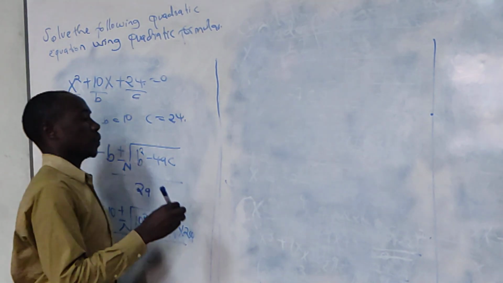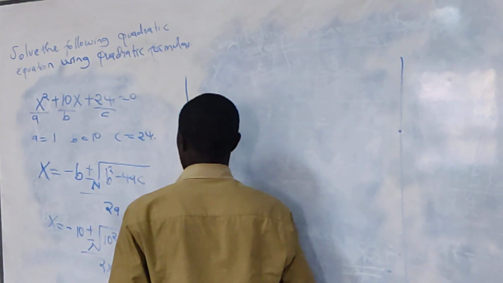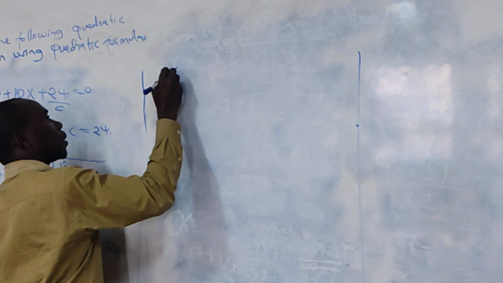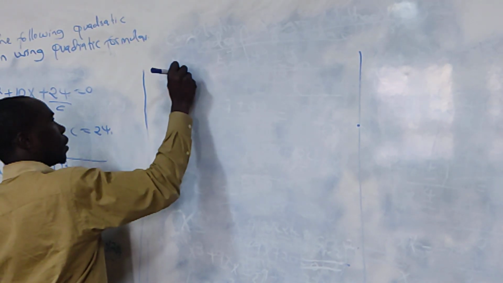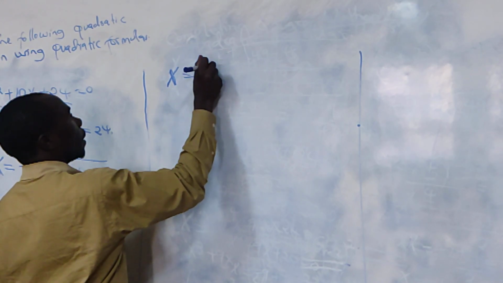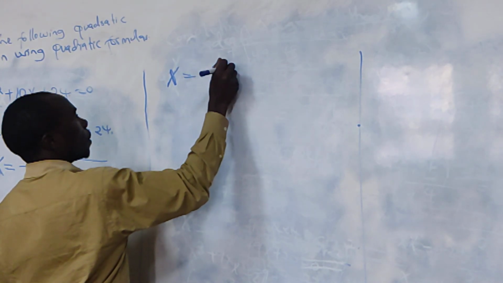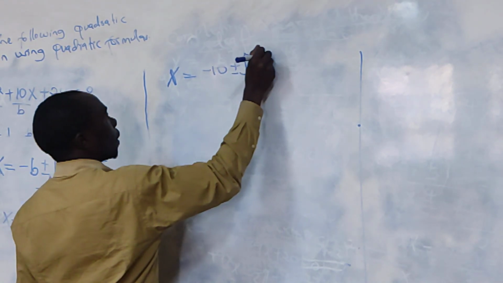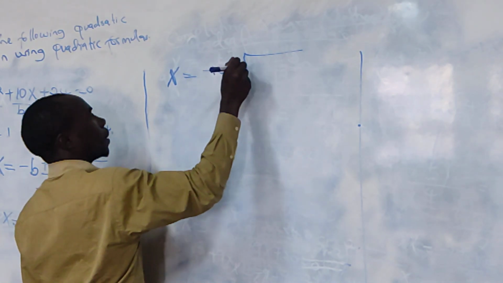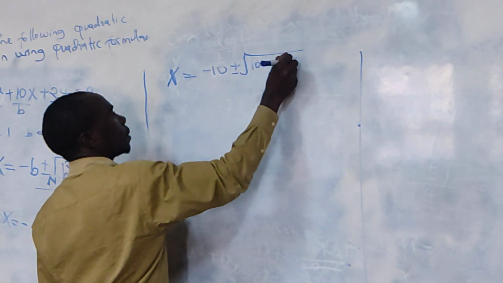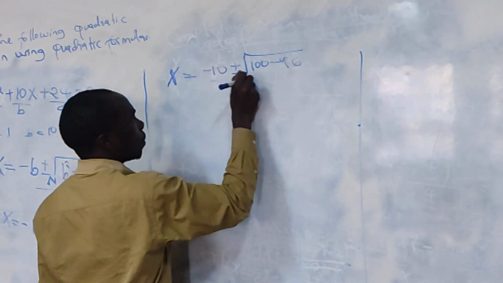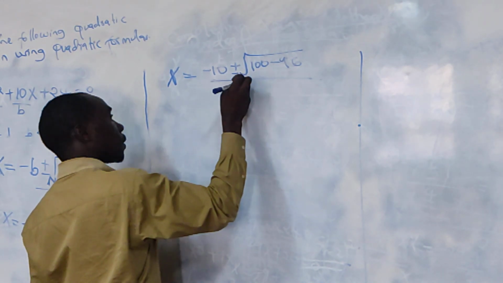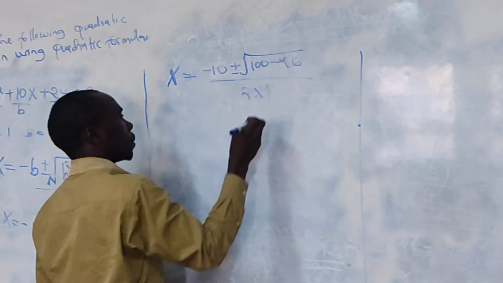So x equals minus 10 plus or minus the square root of 100 minus 96, everything over 2 times 1.